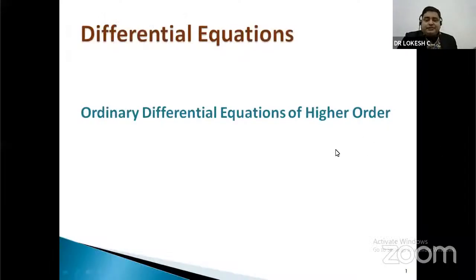So today we are going to discuss the most important and most interesting topic of engineering, which has very large applications: differential equations. The term differential equation comes up in many engineering problems.